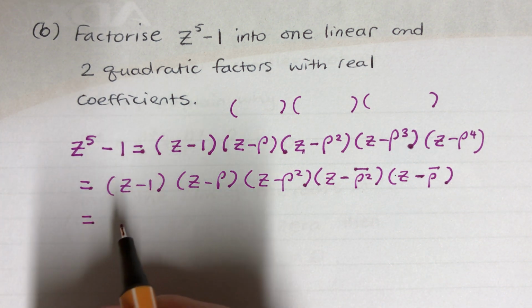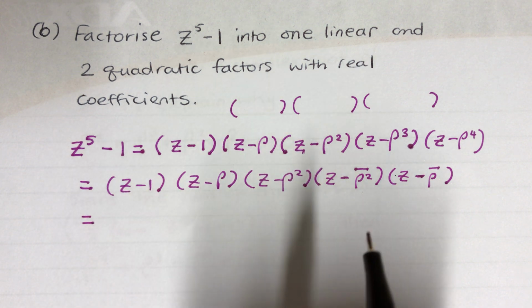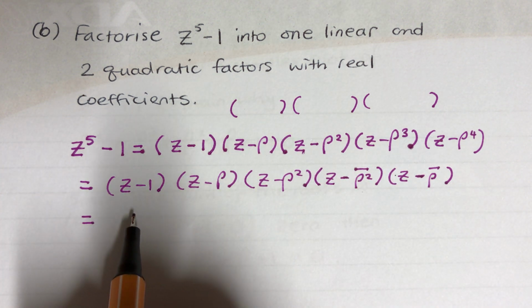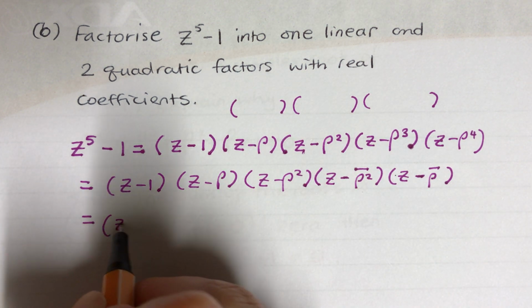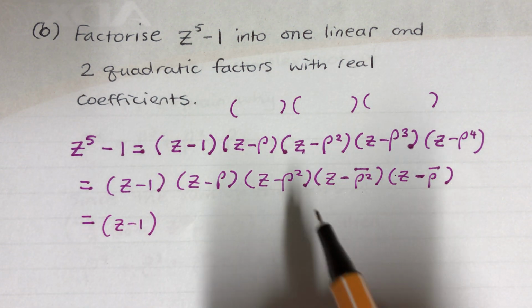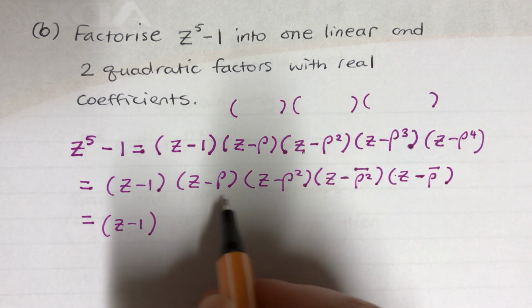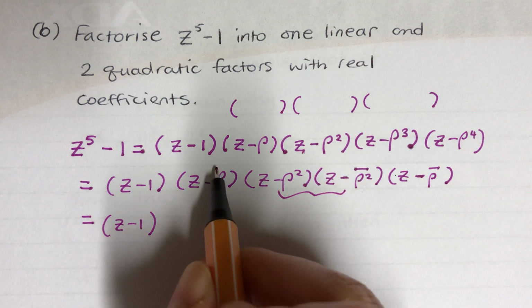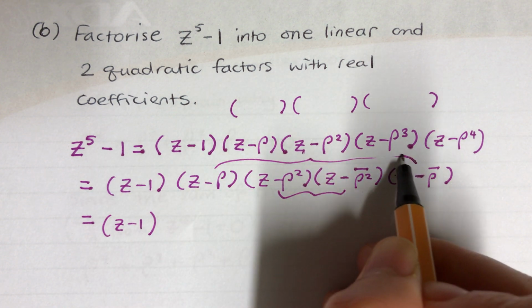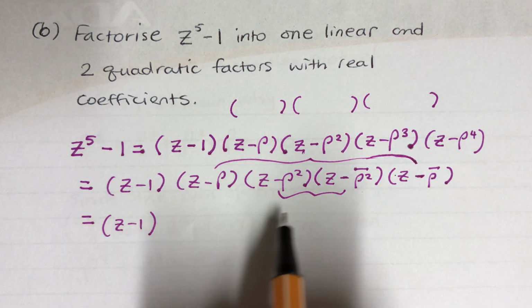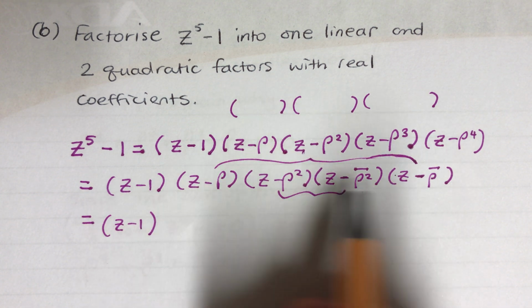And then we can sort of expand this one. So what I'm going to do is I'm going to leave this one as it is, but it could have been better if I just do that and then do this one together. So I will definitely get a quadratic, isn't it?